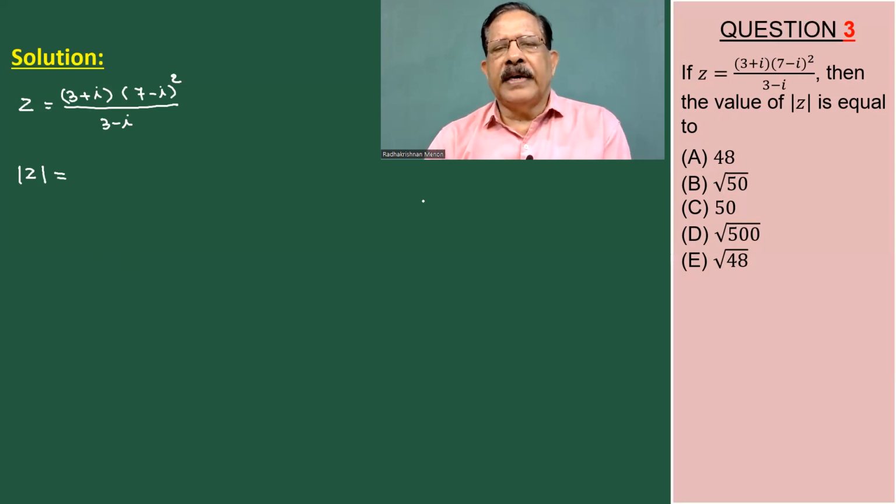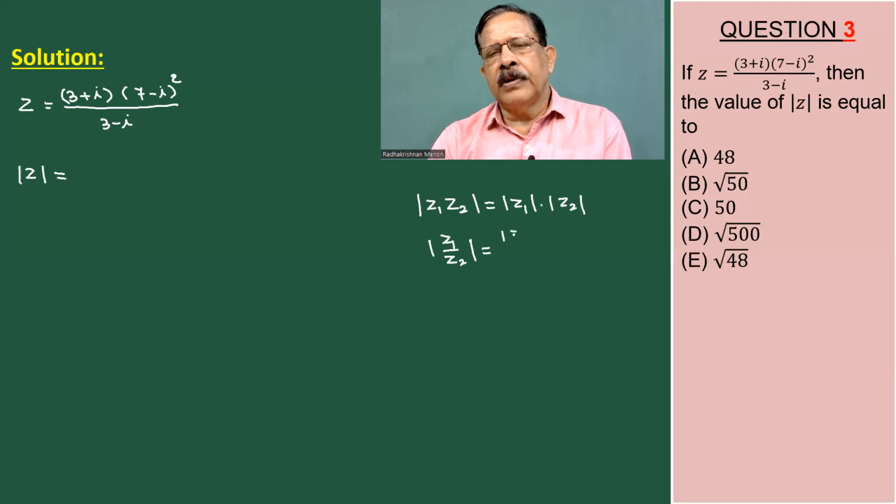You can use the properties: mod z1 z2 equals mod z1 into mod z2; mod z1 by z2 equals mod z1 by mod z2; and mod z raised to n is equal to mod z the whole raised to n.